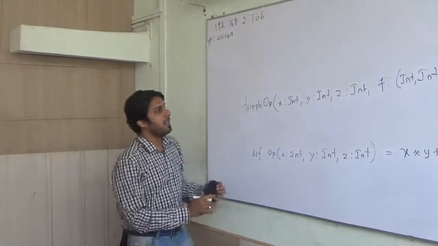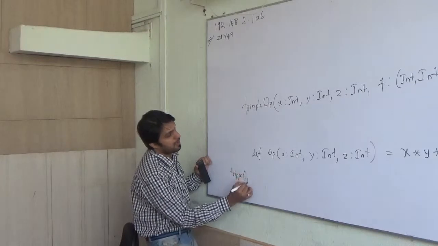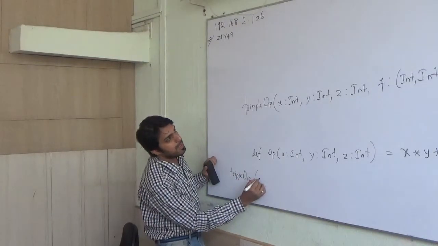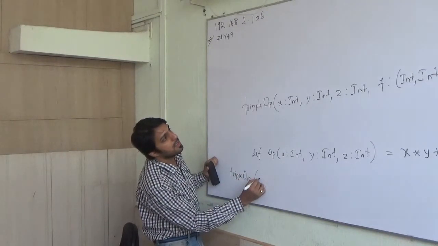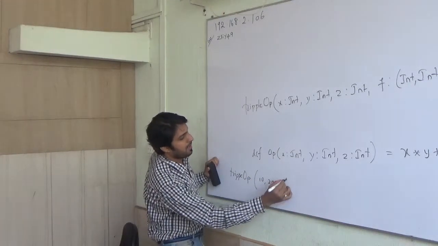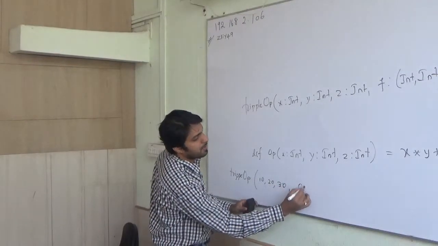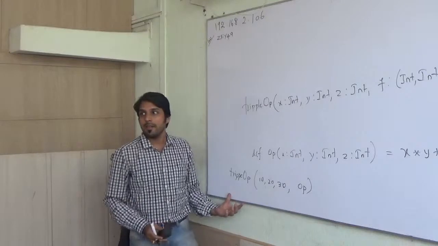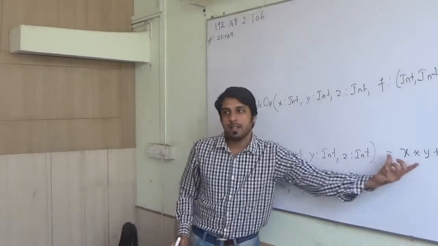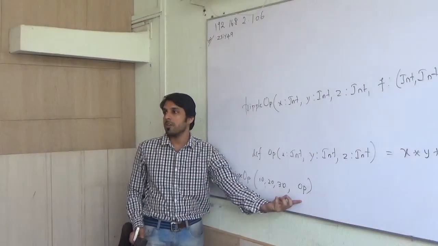And when we are calling this triple operation, we say 10, 20, 30, and will pass op. Op is nothing but this, right? This is what we were doing.